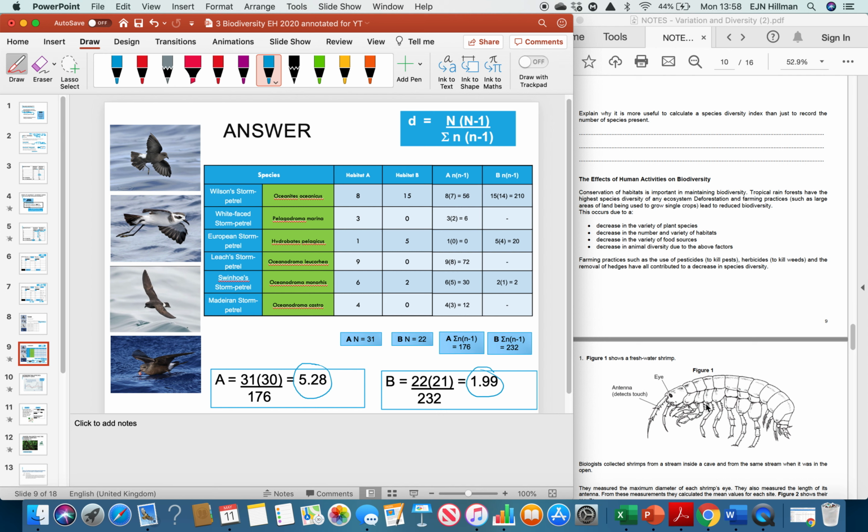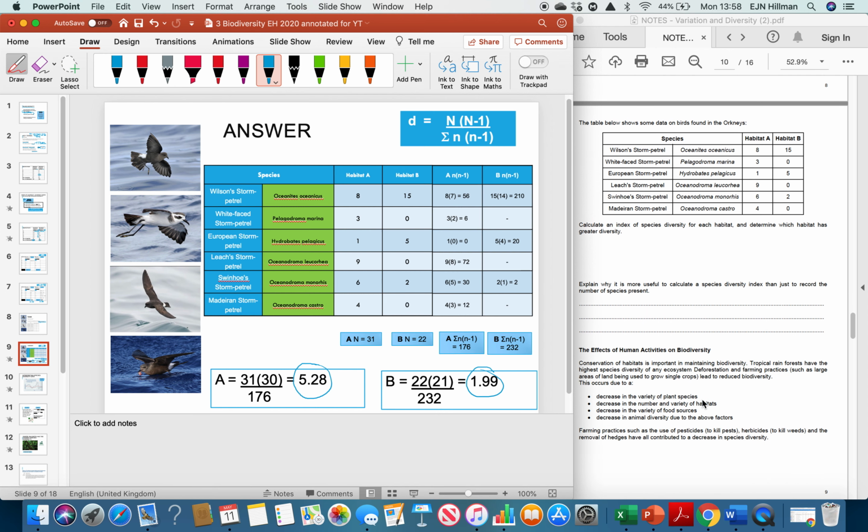Okay, so in this question, determine which habitat has a greater diversity. You would need to show your working for this. It's unlikely that you'd be provided with the formula to calculate that, so you need to remember that formula.